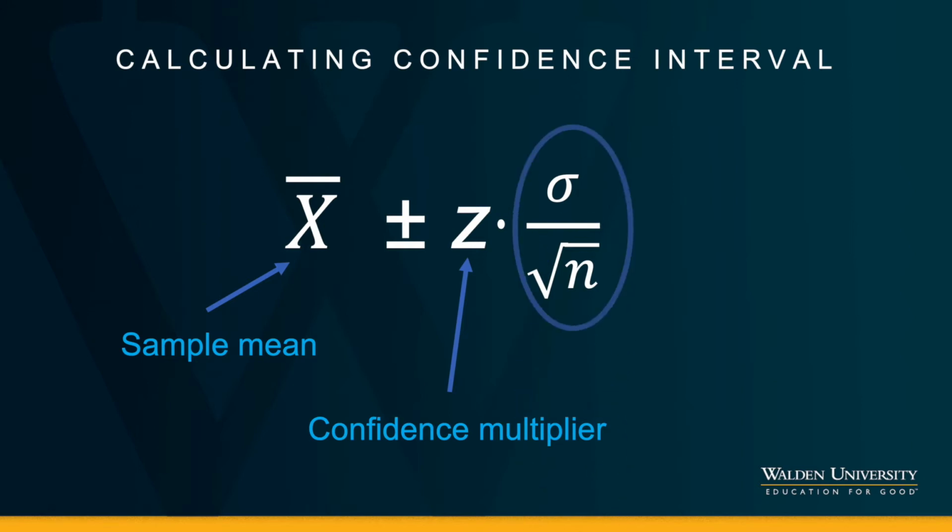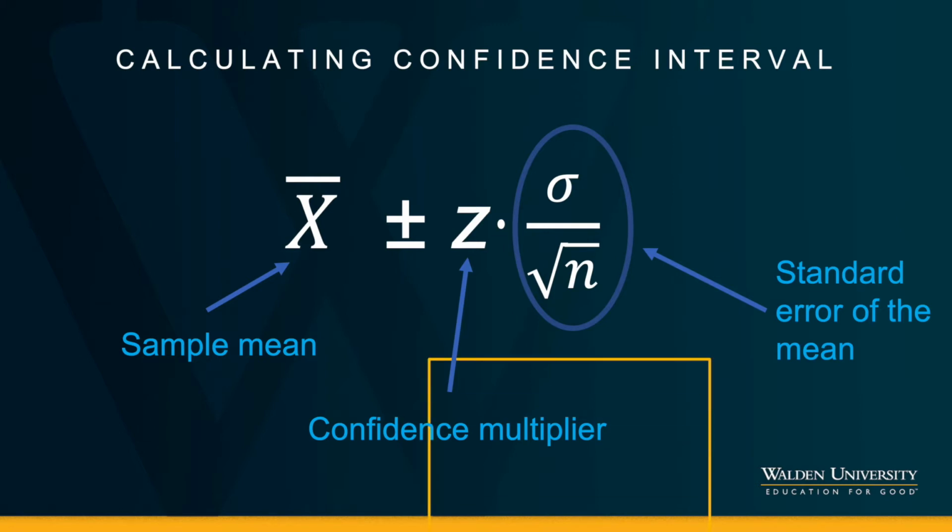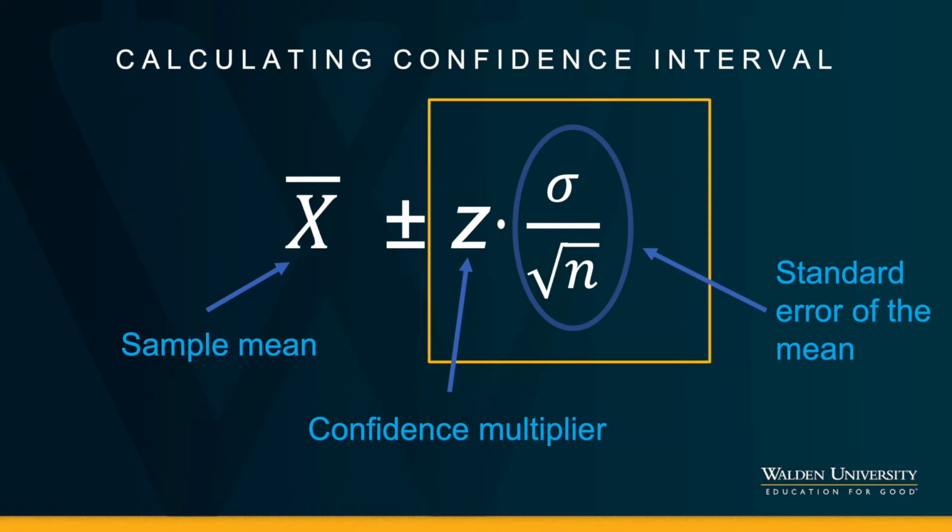The sigma here is the standard deviation of your sample. The square root of n is the square root of your sample size, and together that makes up the standard error of the mean. The total of this yellow area is called the margin of error, and that completes the formula.